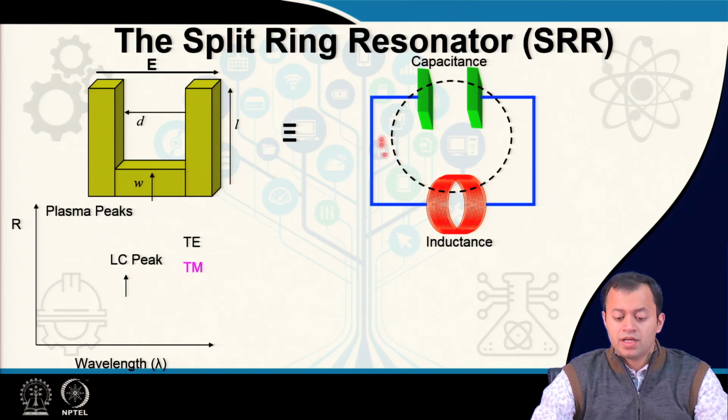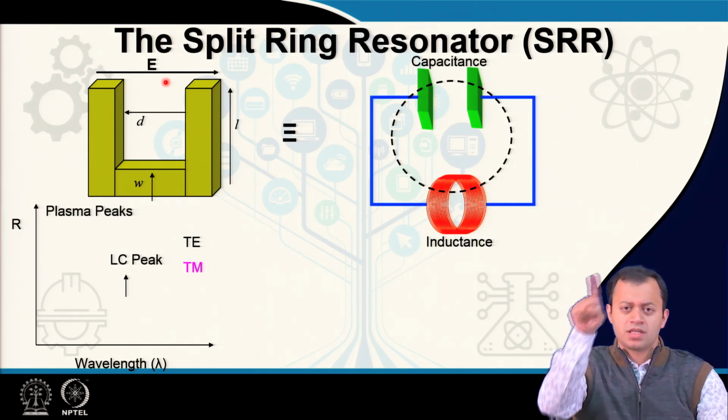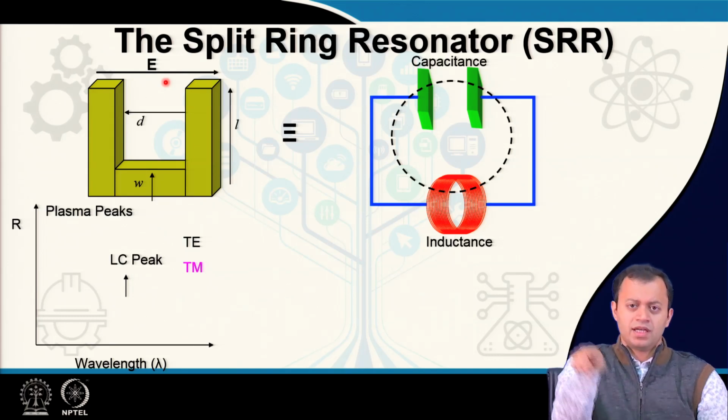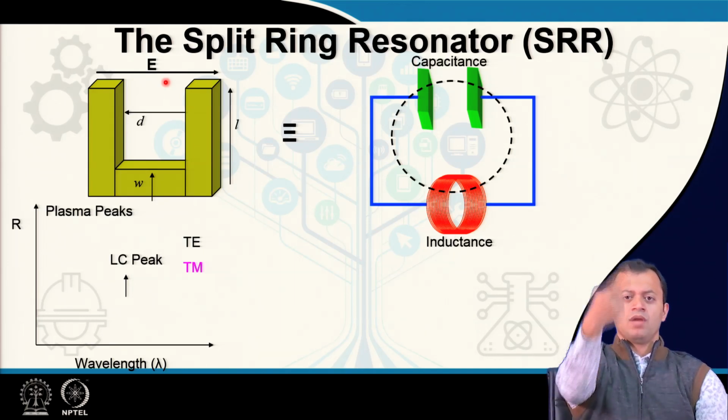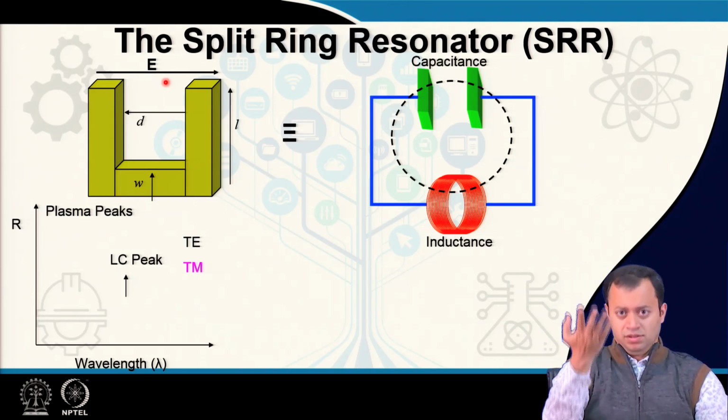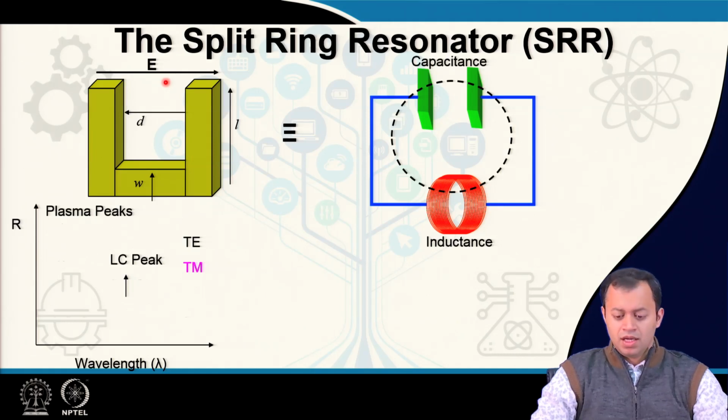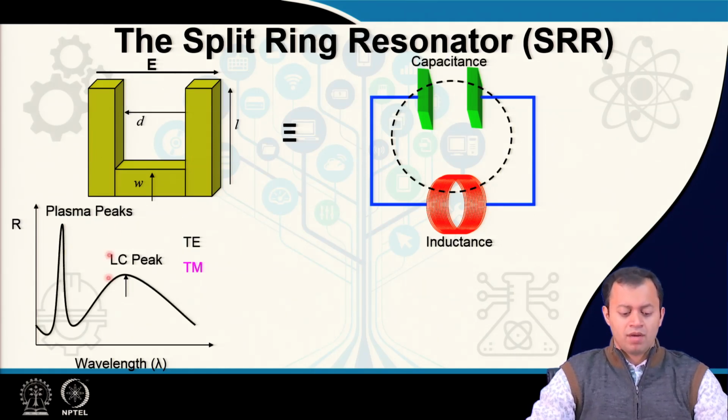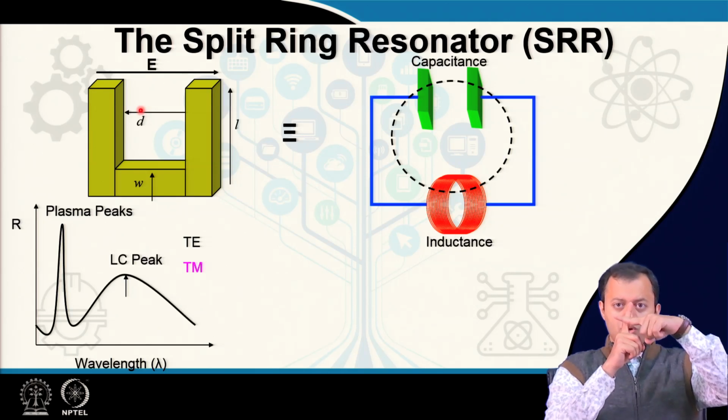If there is a circulating current flowing across the circuit in this particular direction, remember Lenz's law from your high school physics. If there is a circulating electric current like this, there will be an orthogonal magnetic field, orthogonal 90 degrees. There will be a magnetic field generated in the orthogonal direction.